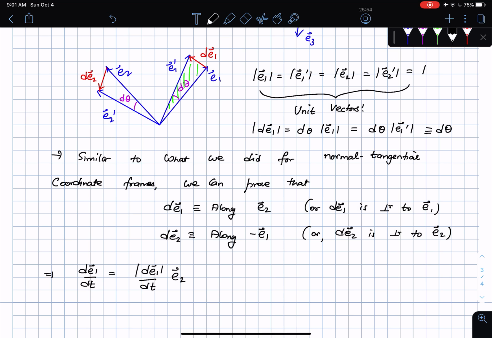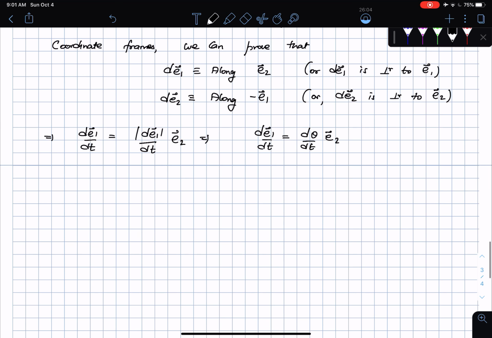So dE1 by dt is d theta by dt E2, but d theta by dt is nothing but omega, which means dE1 by dt is omega E2.